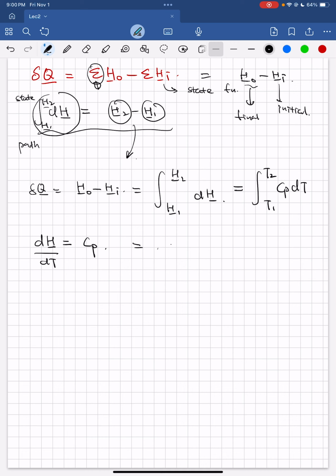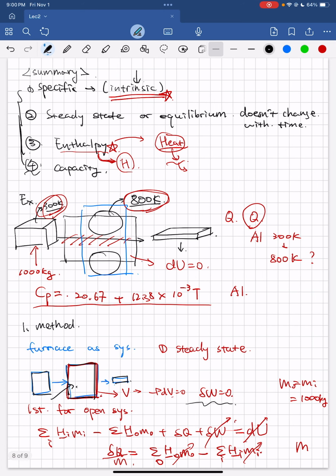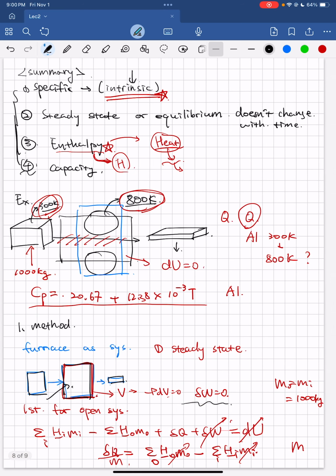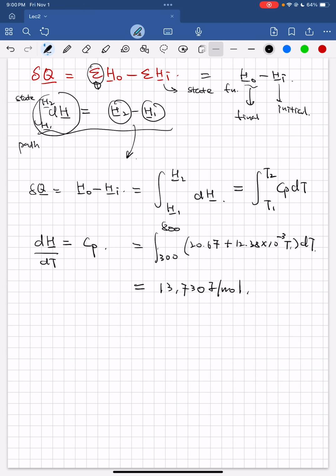You just integrate it. Should be very easy. 13730 joule per mole. Okay, wow, that was hard. Sorry for confusing you guys, but I hope you watch it over and over again and solve it yourself. Try solving it yourself, okay?